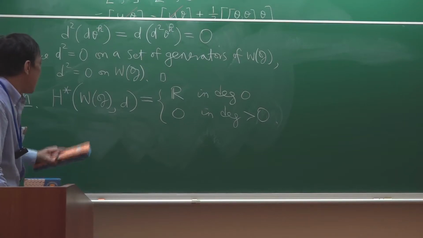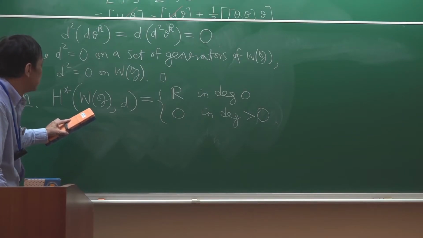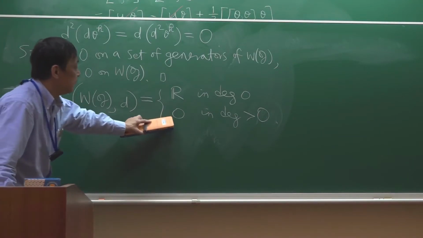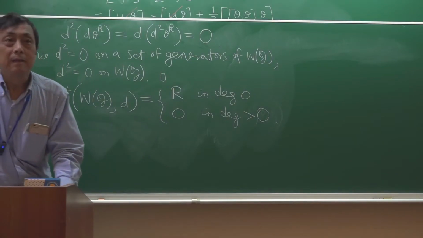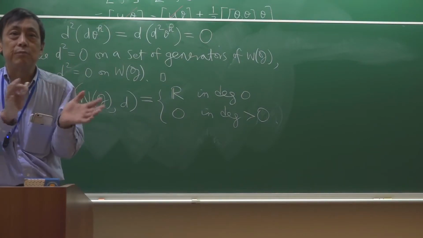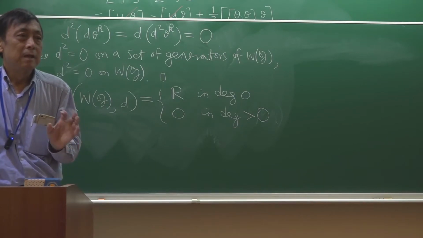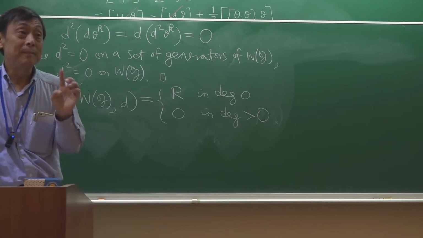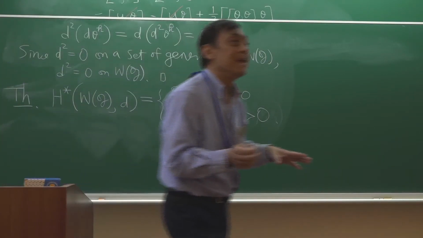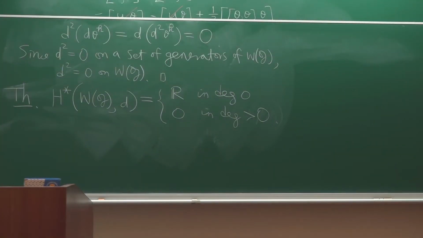Now, in general, how do you prove that the cohomology is 0? I mean, what's the standard way to prove that the cohomology is 0? A closed form has to be exact, right? That's what you have to show. But how do you show that?